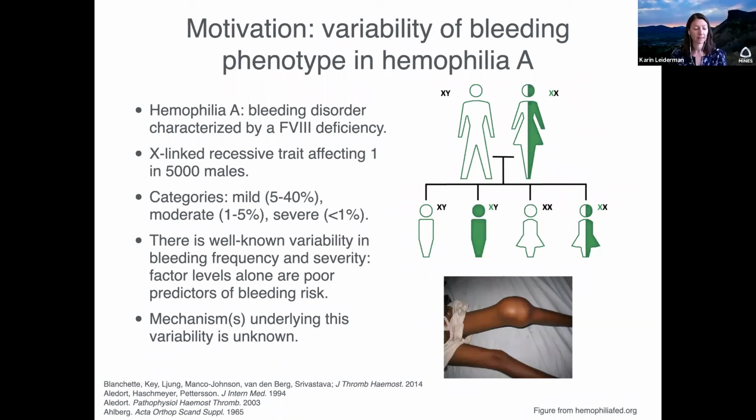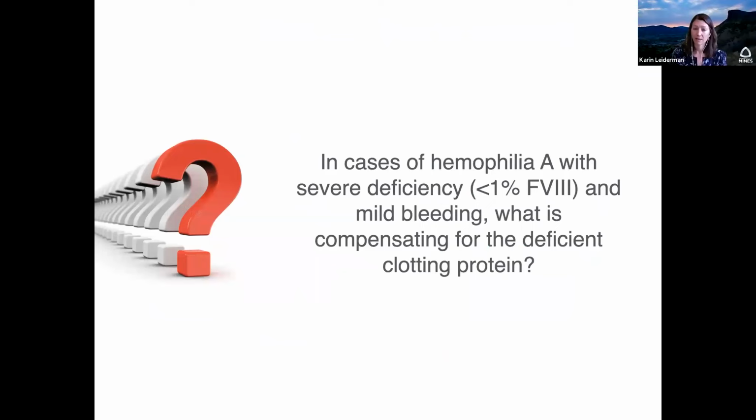And so this led us to ask the following question. In cases of hemophilia A with severe deficiency and mild bleeding, what is compensating for the deficient clotting protein? What else is going on in the system that's allowing there to be only mild bleeding rather than severe?